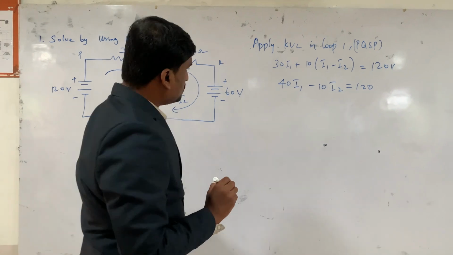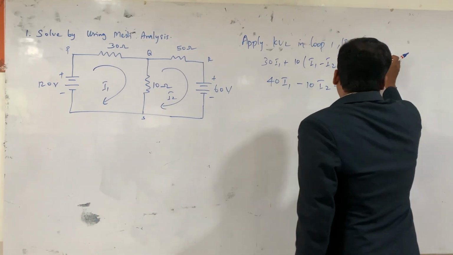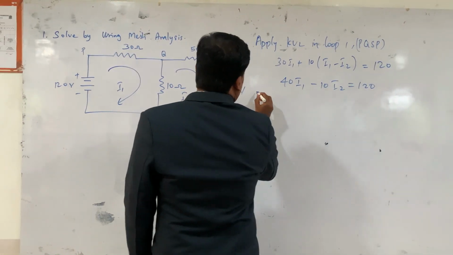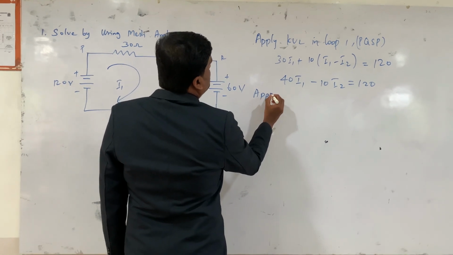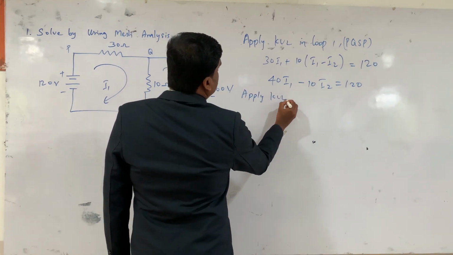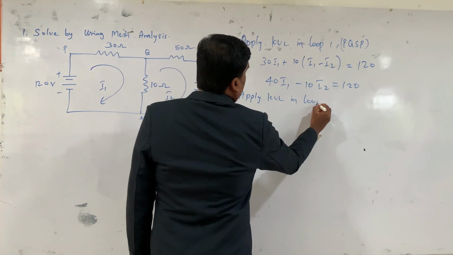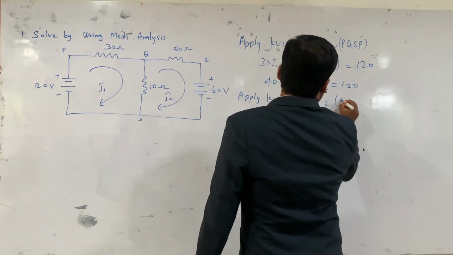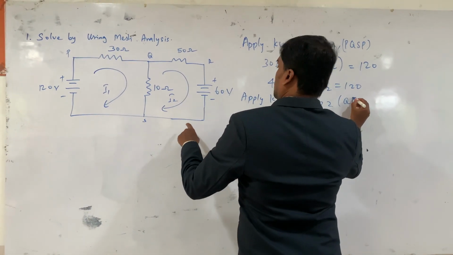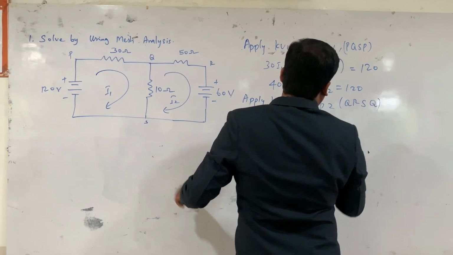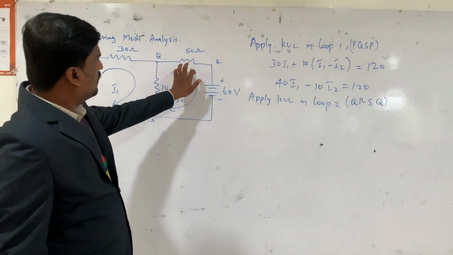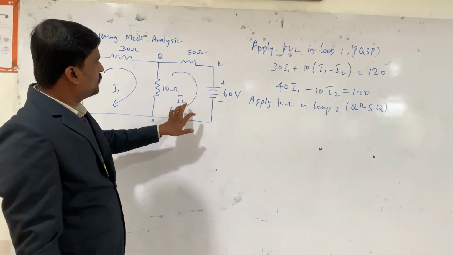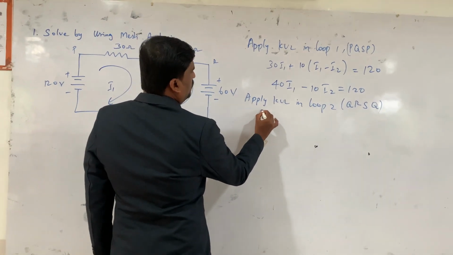And we will apply KVL in the second loop, which is Q, R, S and Q. Here we have 50 ohms and the current I2 flows, so 50 I2.